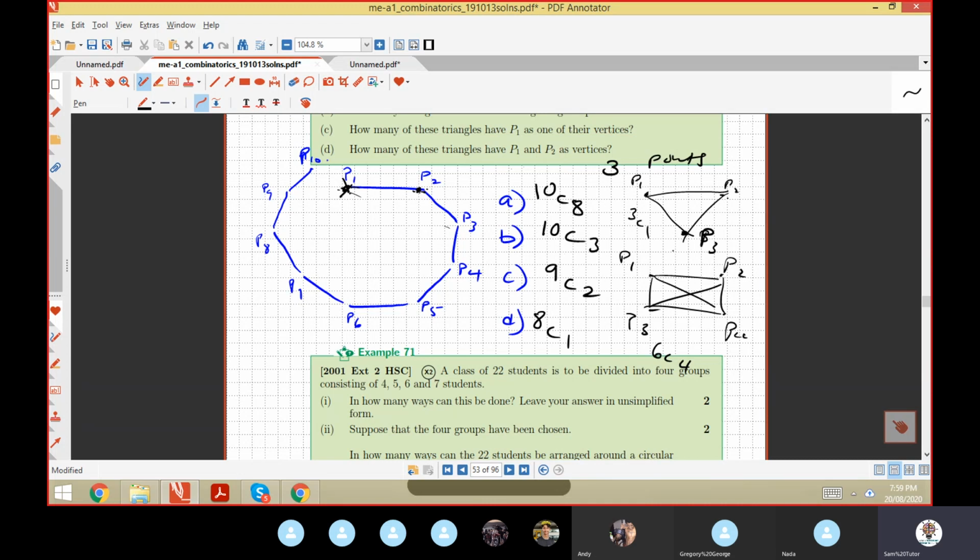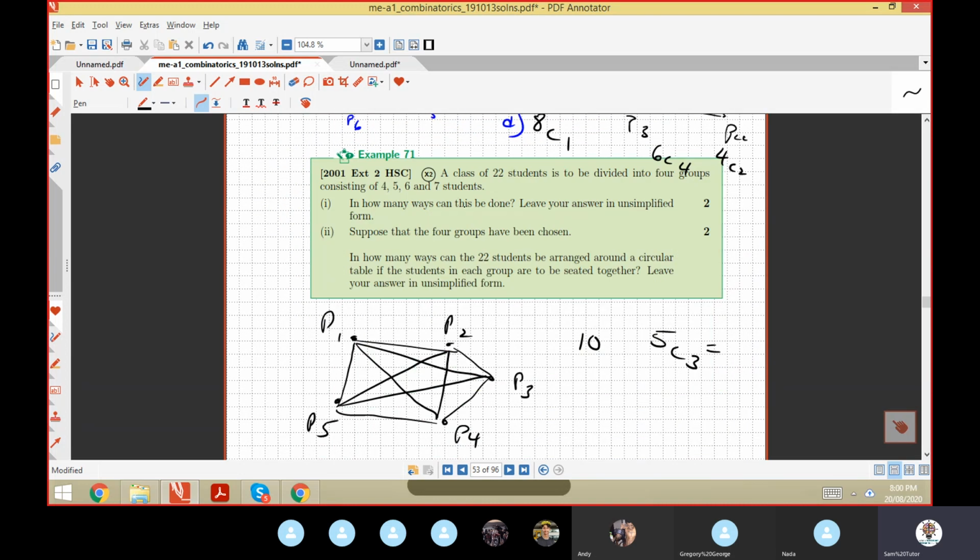Ready? If you had 3 points, 3 choose 1 gives the answer of 3 lines. If I had 4 points, I got the answer being 4 choose 2, which is 6. 1, 2, 3, 4, 5, 6 lines. So 2 less. Again, can you see that? Next one.